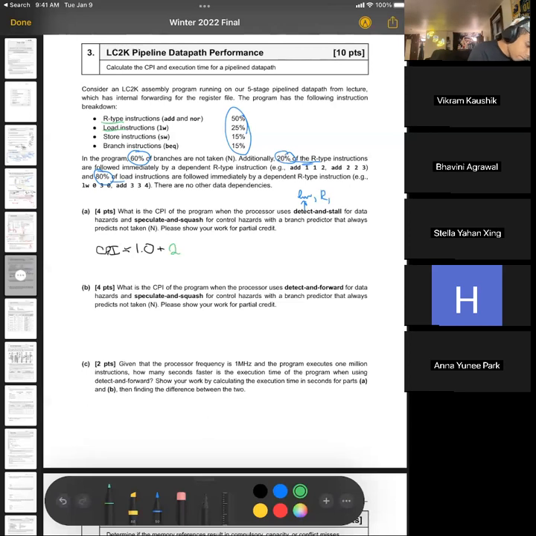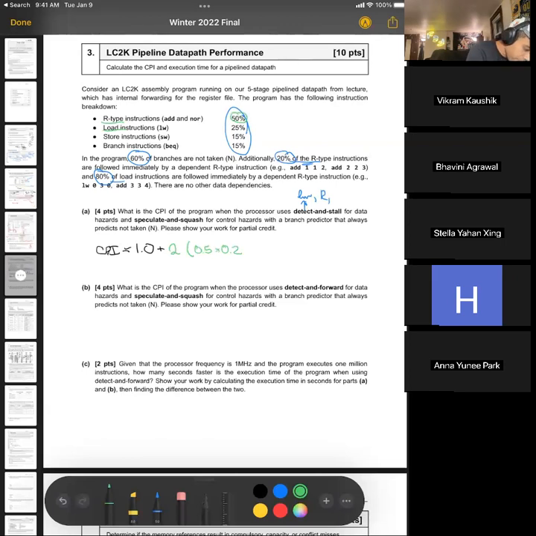Well, it says 50%, so 0.5, of our instructions are R-type instructions, and of that 50%, 0.2 of them are followed directly by a data hazard.